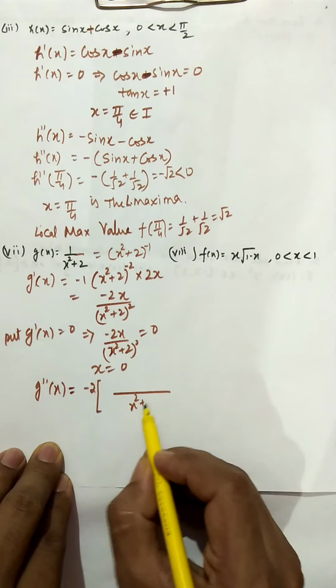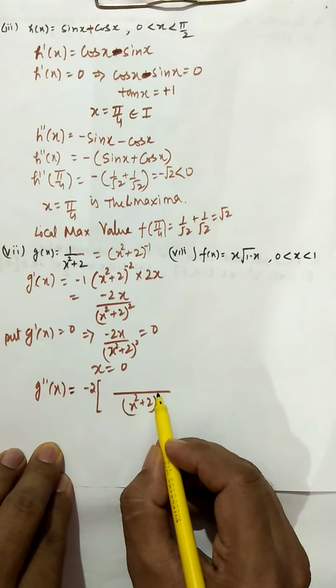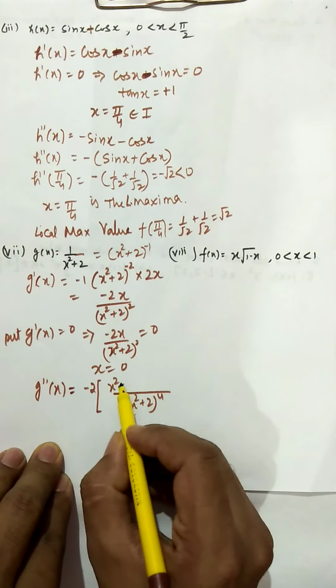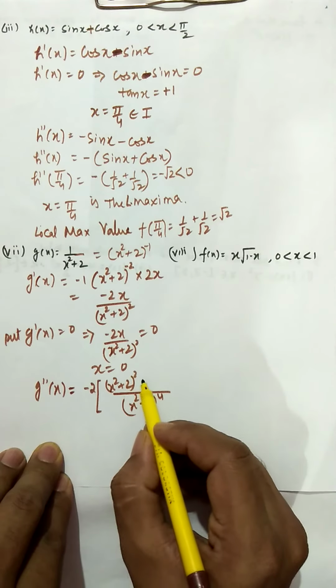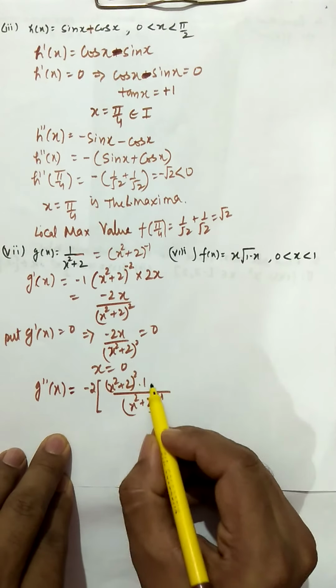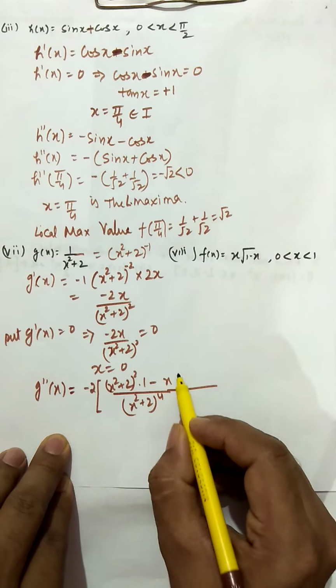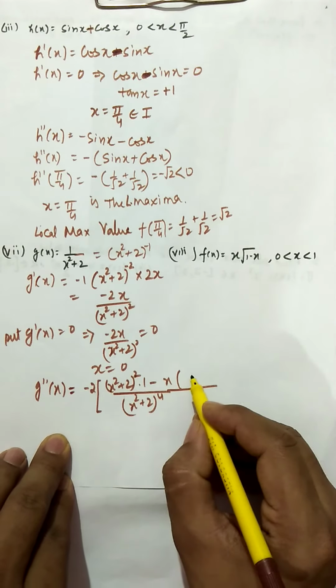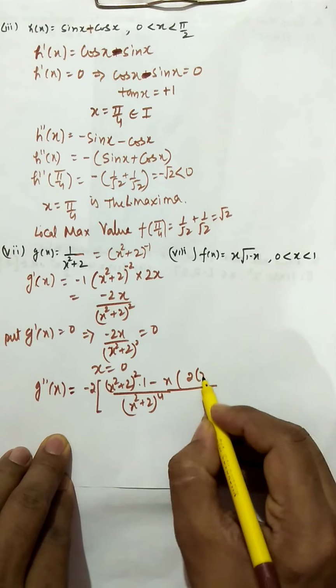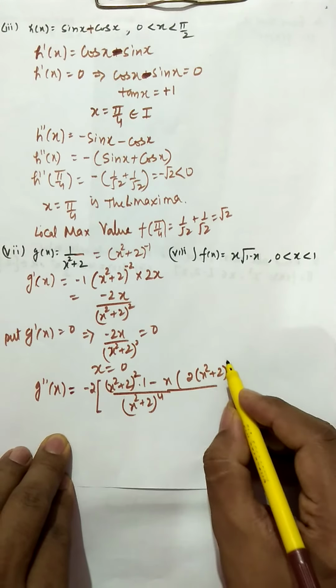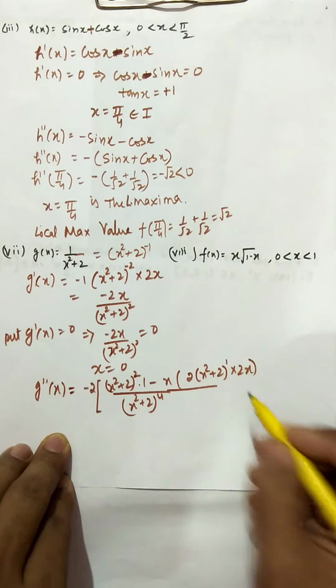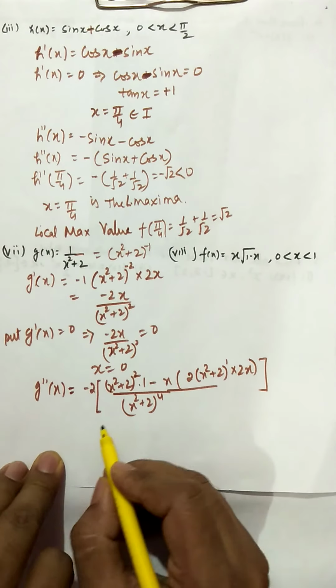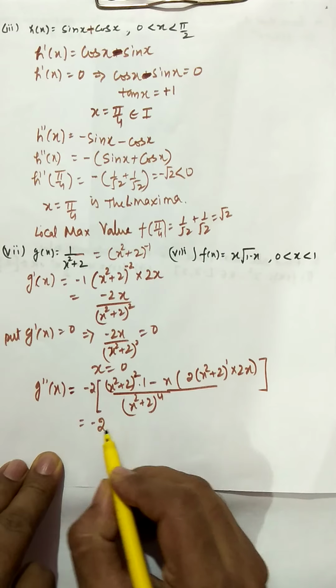This is x square plus 2 whole square, then minus, and this is x square plus 2 whole square, and x derivative is 1 minus this x you take and do the differentiation of this. So this is going to be 2 times x square plus 2, this is 1, and then this is 2x, and now you put this minus 2.